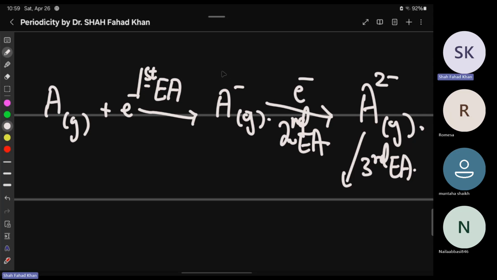Now, the second electron affinity is always going to be endothermic. The first electron affinity can be endothermic or exothermic, it doesn't really matter. The first can be both. The second one is always going to be endothermic.